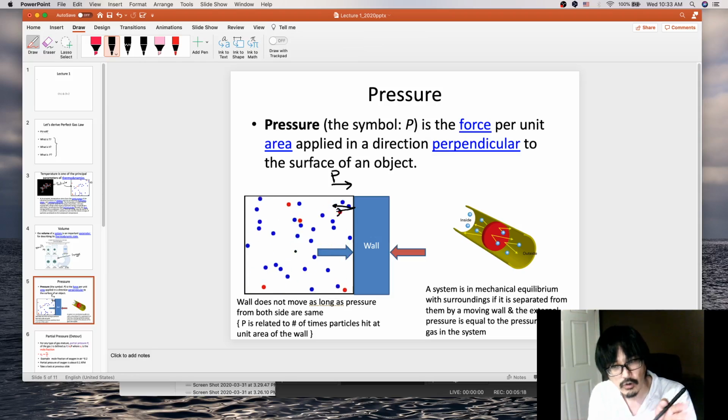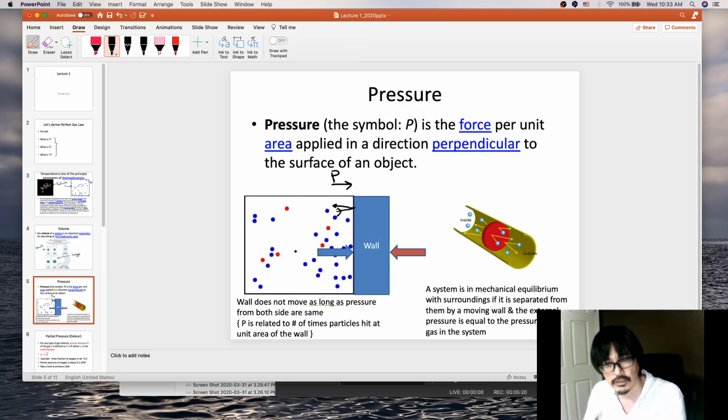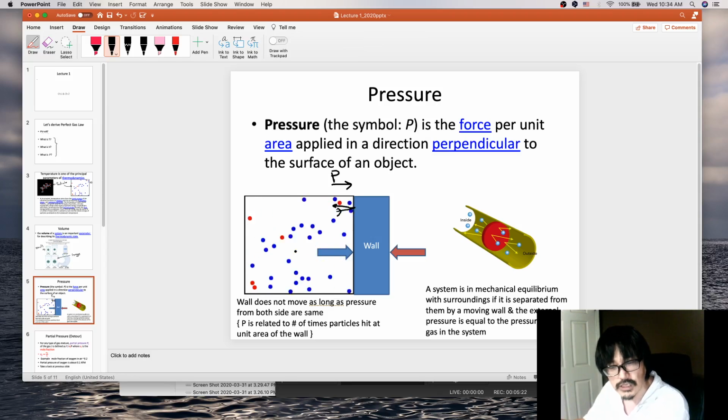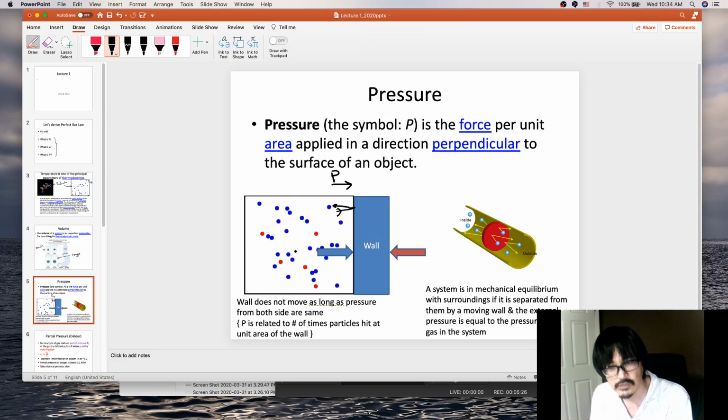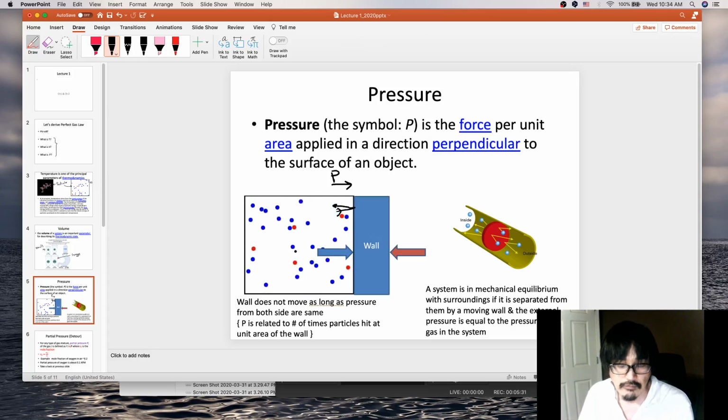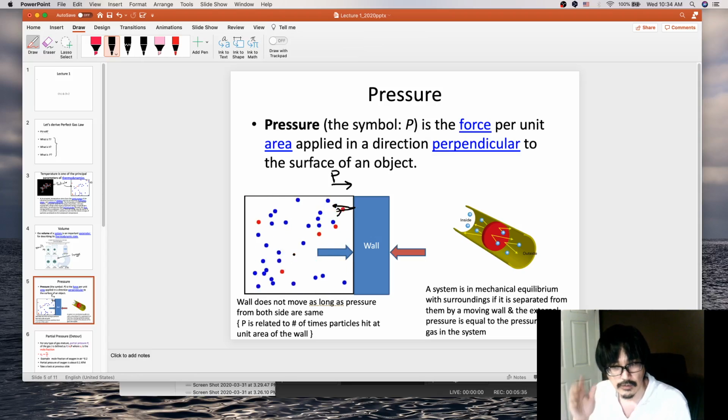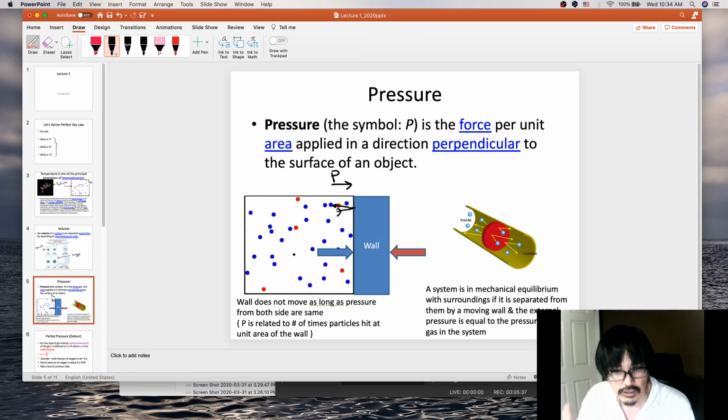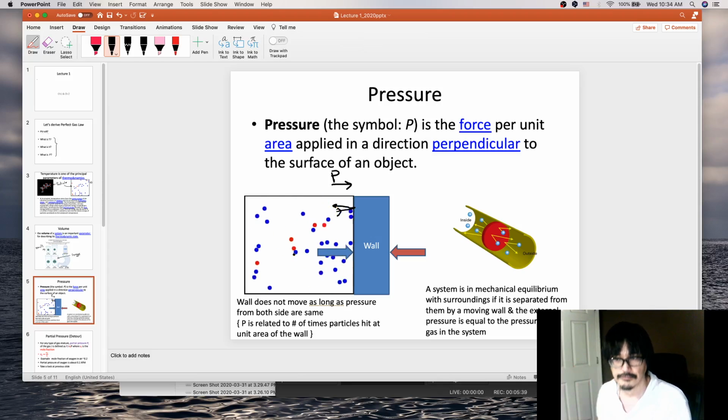So if more particles are hitting the wall, then the force applied on the wall is large. But if you have only a small number of particles hitting the wall, then the force applied on the wall is going to be small. So what matters here is the number of collisions and the speed.